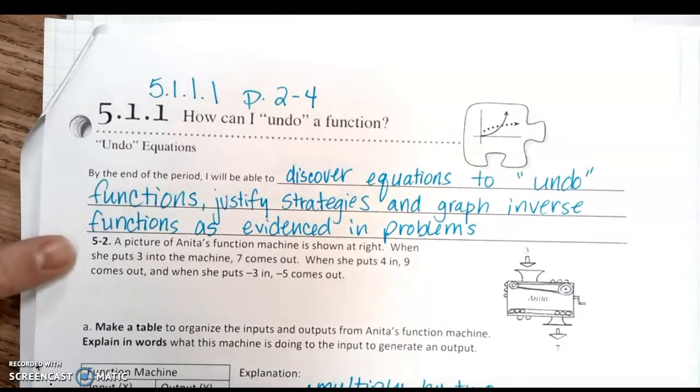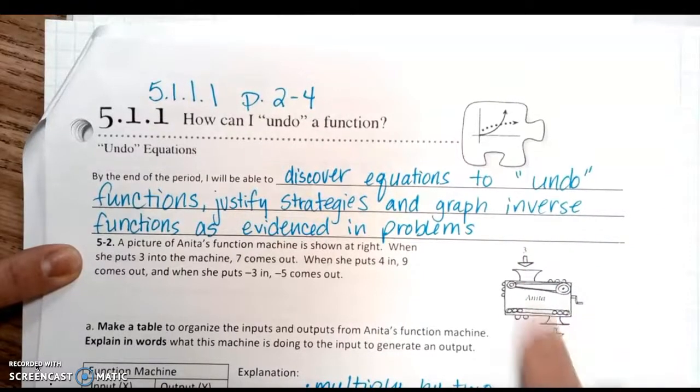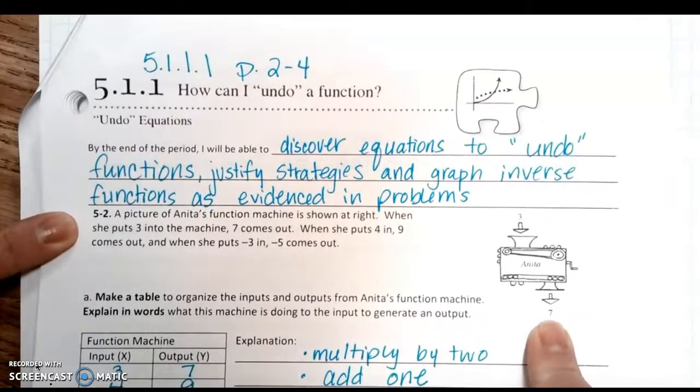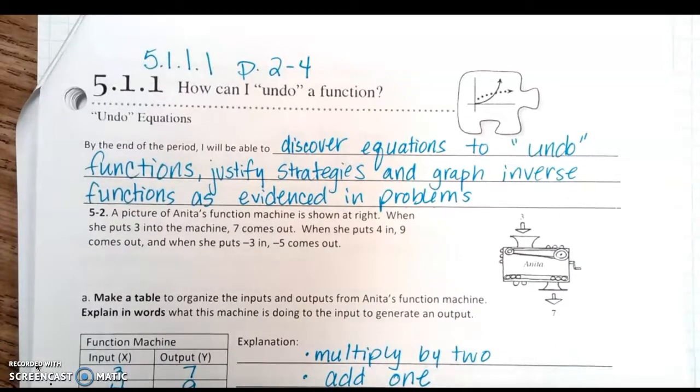So for question 5.2, a picture of Anita's function machine is shown at right. When she puts 3 into the machine, 7 comes out. When she puts 4 in the machine, 9 comes out.